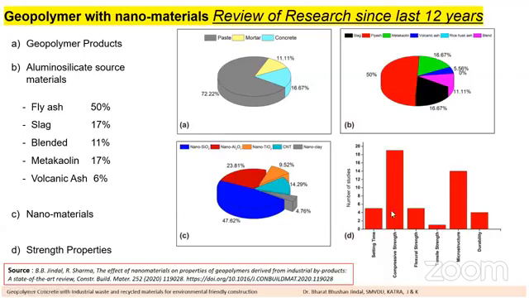Most of the studies were contributing towards the compressive strength as well as microstructure. So from this research paper, which is a review article, you can find the gap in the study. Even in a BTech final year project, PG thesis, or PhD thesis, you can work on those areas where a research gap still exists.